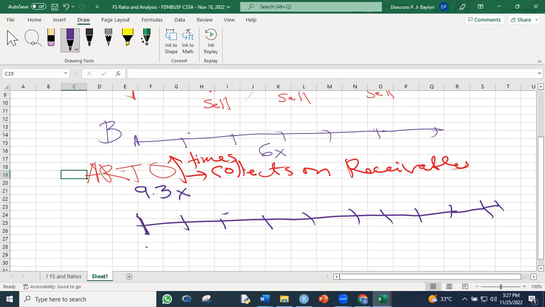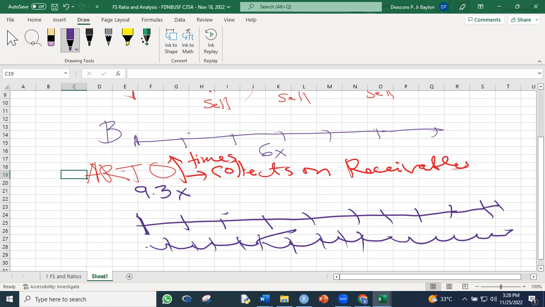However, our competitor is 16. So same thing here: 1, 2, 3, 4, 5, 6, 7, 8, 9, 10, 11, 12, 13, 14, 15, 16. Sorry for the approximation. This is the cycle of our direct competitor. You can see here, they're very fast as far as their collection is concerned.